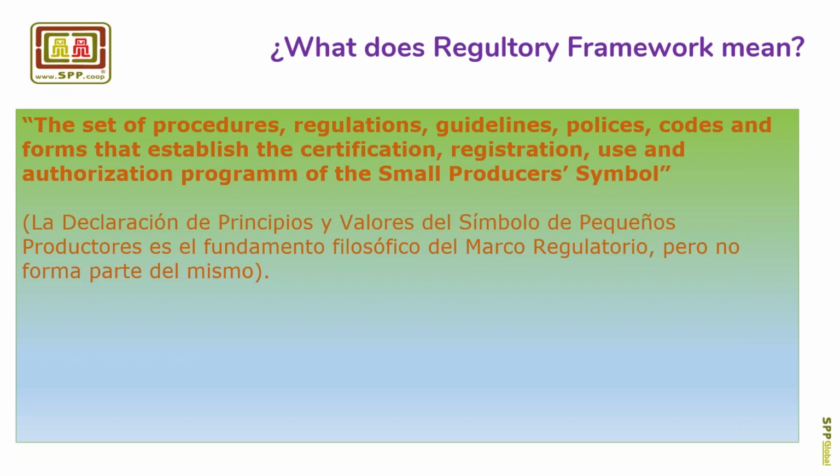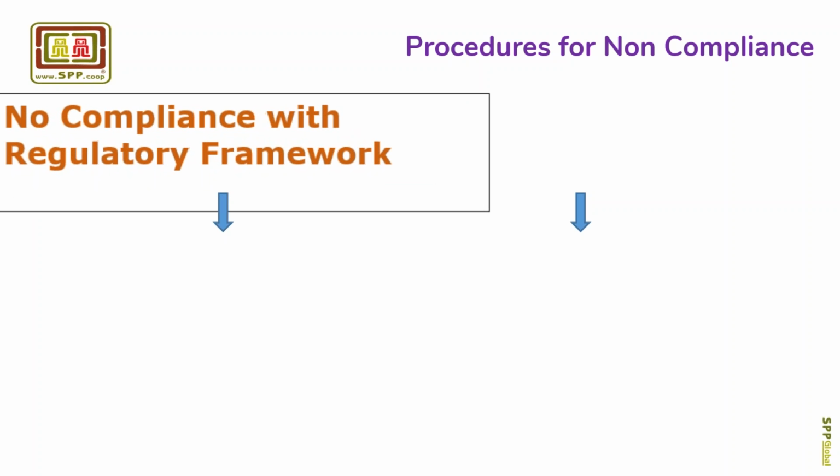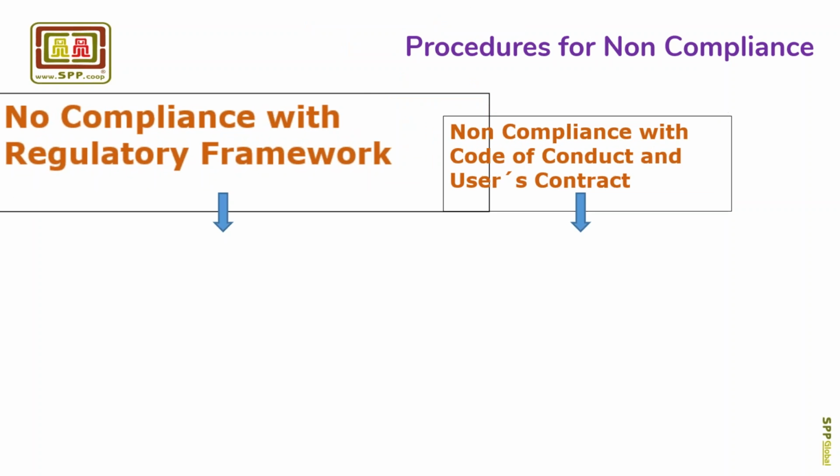The Declaration of Principles and Values is another document, but it is the philosophical foundation of the regulatory framework. But the Declaration of Principles and Values is not part of this regulatory framework. In the procedures for non-compliance, we have divided in two: non-compliance with the regulatory framework and non-compliance with the code of conduct and user's contract.